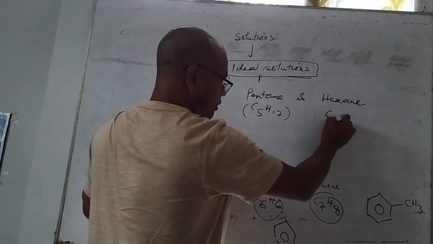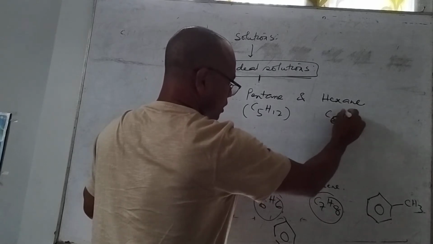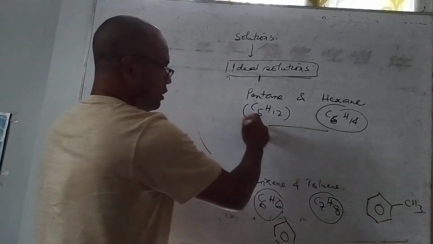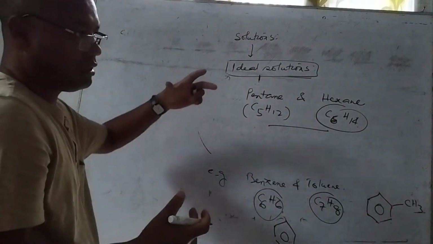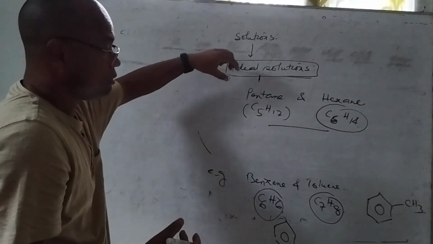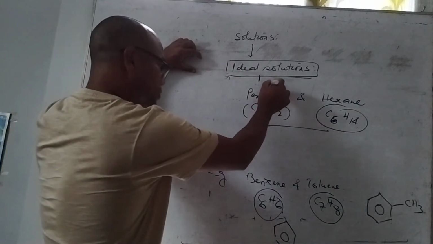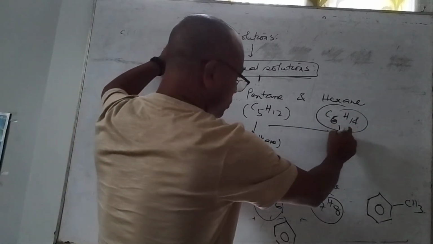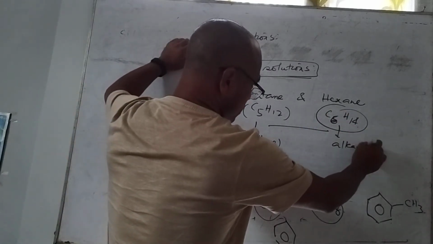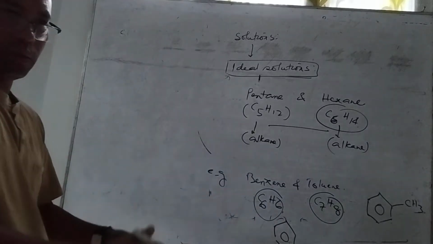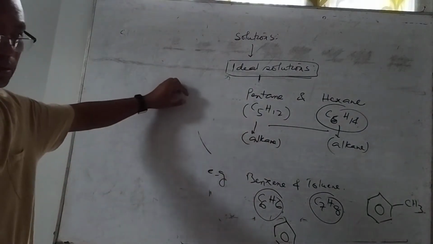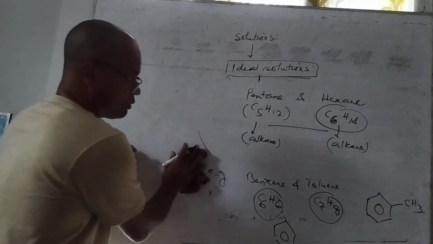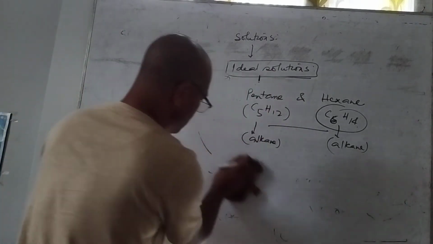What is the number of hydrogens here? C6, so 14 hydrogens. It looks very similar. What is similar chemically? This belongs to alkane, this belongs to alkane, and this also belongs to alkane. I think they are very similar in chemical properties. These types of examples we can see very easily.